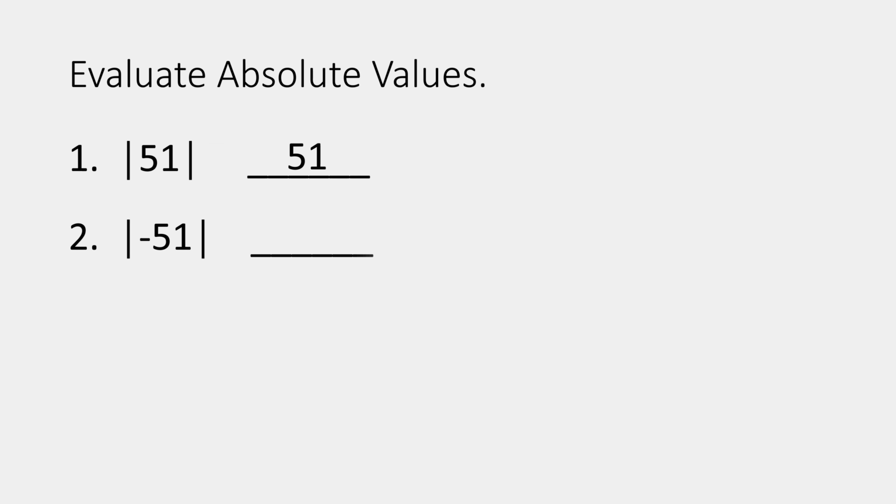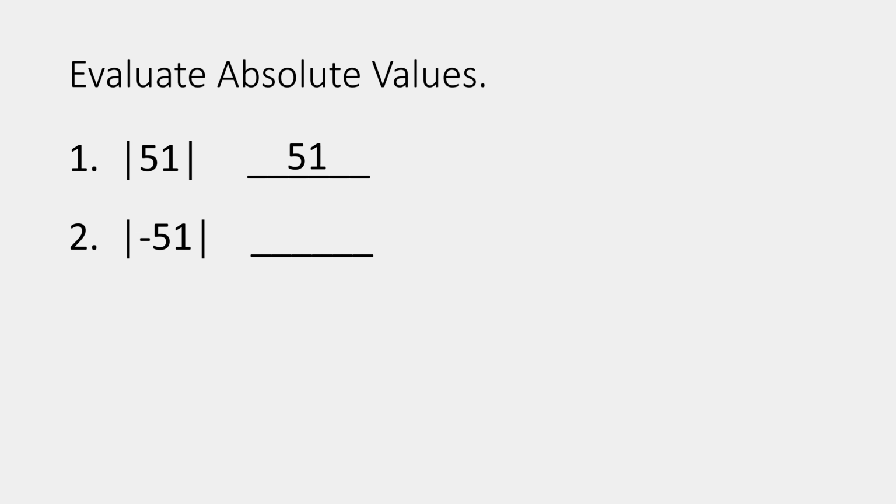Here we will evaluate absolute values. So imagine you have an Algebra 1 assignment, and number 1 is the absolute value of 51. What is the absolute value of 51? This is easy. The absolute value of 51 is 51, written without the brackets. Number 2, what is the absolute value of -51?